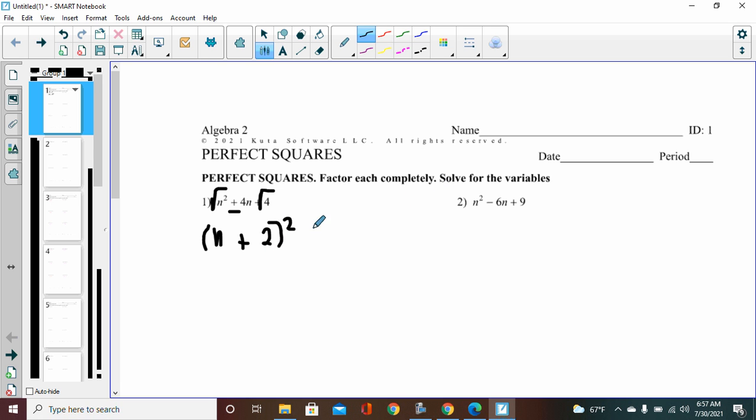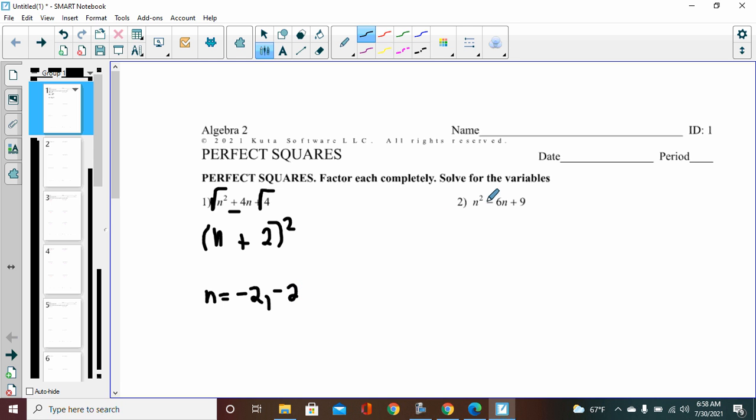Now, when you solve for the variables, it's just whatever is the opposite of this number. So solving gives me n equals -2, and you're done. Okay? And since it's squared here, it's going to be 2 -2's.